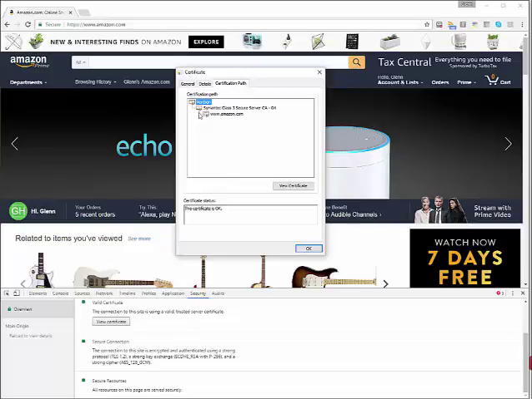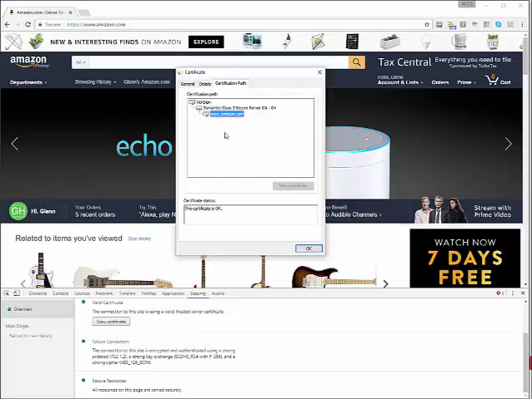And it can go down several layers, right? VeriSign didn't give the certificate directly to Amazon. VeriSign issued a certificate to Symantec Class 3 Secure Certificate Authority. So this is the entity that Amazon bought their certificate from, some Symantec CA. The Symantec CA got their certificate from VeriSign.